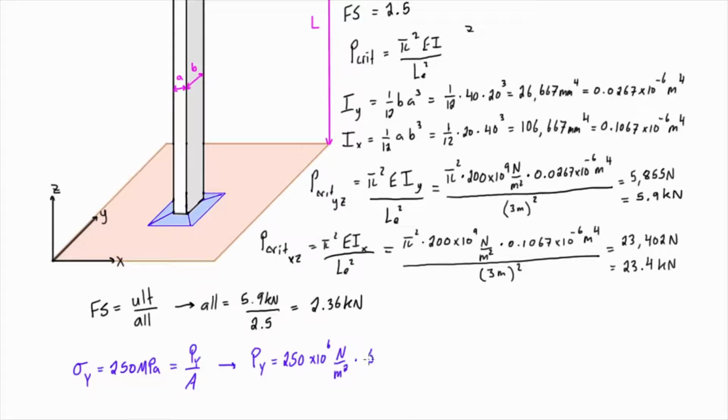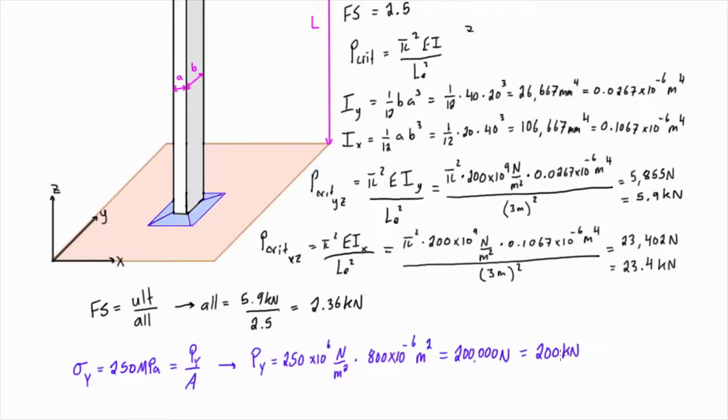That's also just 800 times 10 to the minus 6 meters squared, so those meters are going to cancel out. And the value that we're going to get is just 200,000 newtons, which is equal to basically 200 kilonewtons.